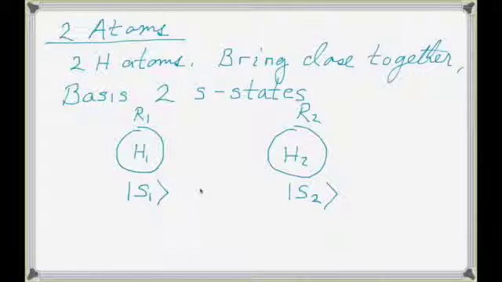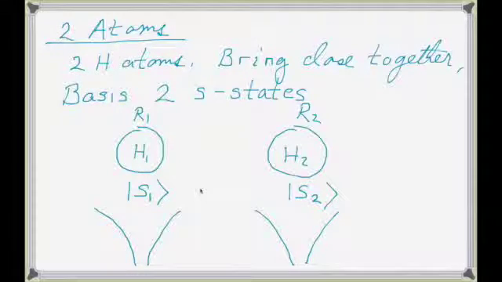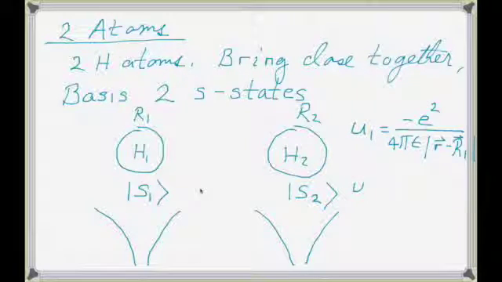The s orbital on each hydrogen atom. And as far as the electron is concerned, each proton has some attractive Coulomb potential. So this would be the potential over here on atom 1, and the potential on the other atom is the same, except we just replace R1 with R2.